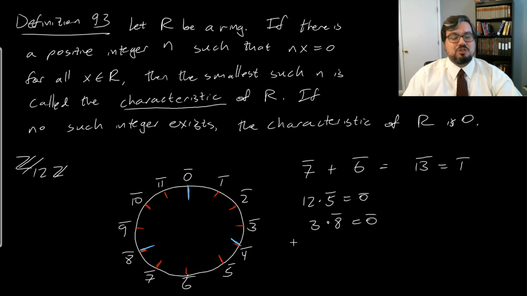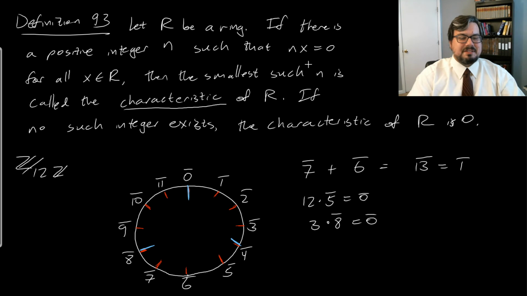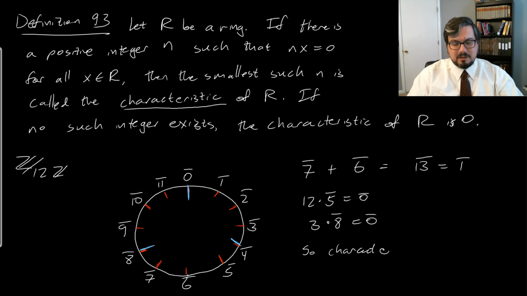This means that 12 is the characteristic of this ring because it's the smallest number such that n times x equals 0 for all x's. This is the smallest number that works for all of them. So this means that the characteristic of Z mod 12Z is 12.